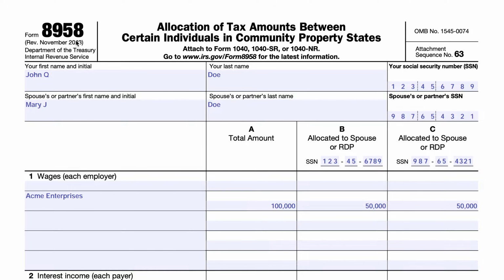Just as a heads up, I am more than happy to research questions, but because each state has different tax treatment, I cannot promise that I can answer questions about every single situation.